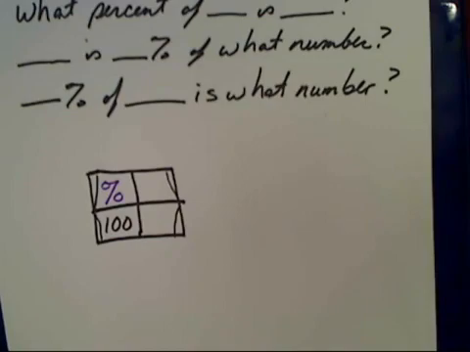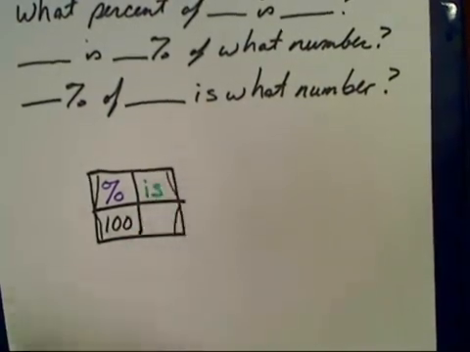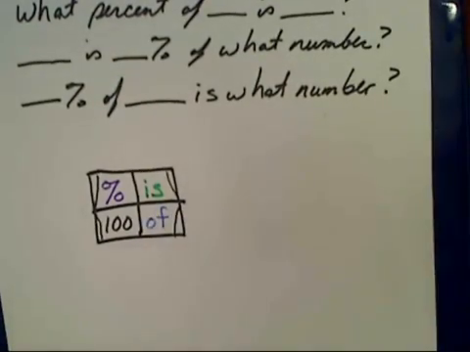And then if you really were careful in reading the problems, there was always this is and this of type of number. Well, the is number goes on top, and the of number goes underneath it. It's alphabetical. Okay. That's the simple little setup of the box. That's where everything goes.